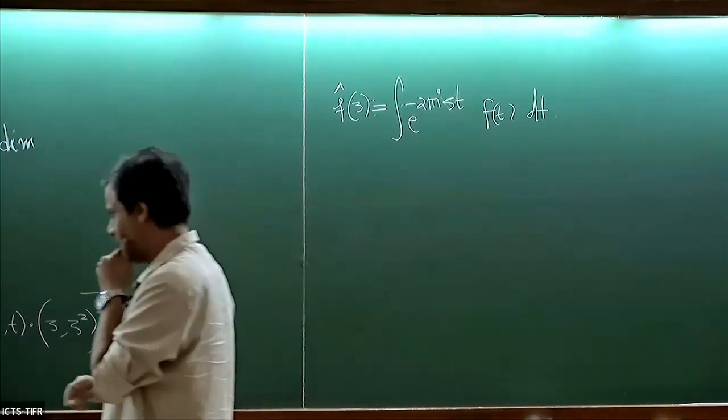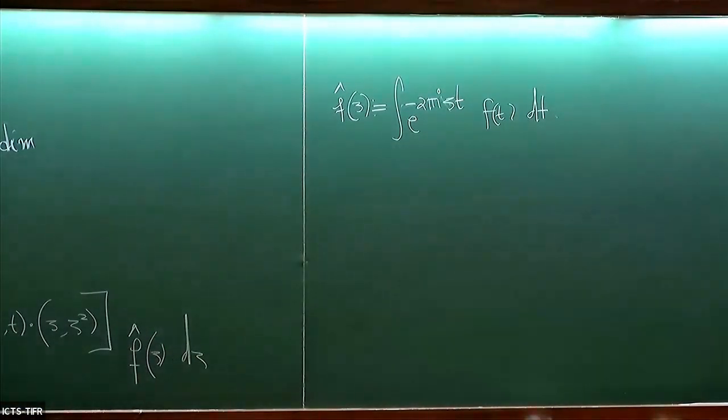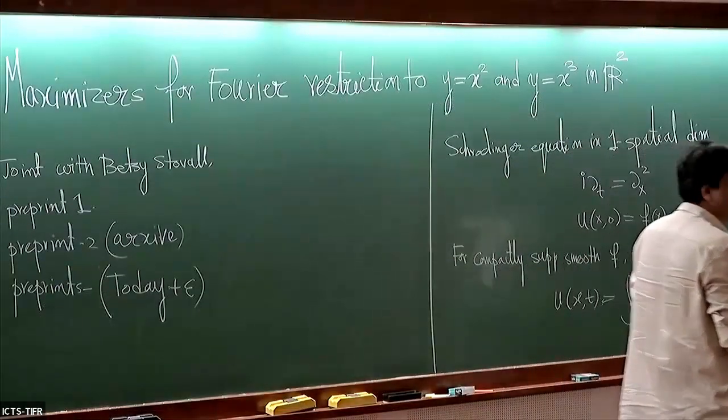So at least for nice initial data f, we can solve the Schrodinger equation. The question is, can you do this for other functions f, which are not necessarily continuous, let's say L^p functions?